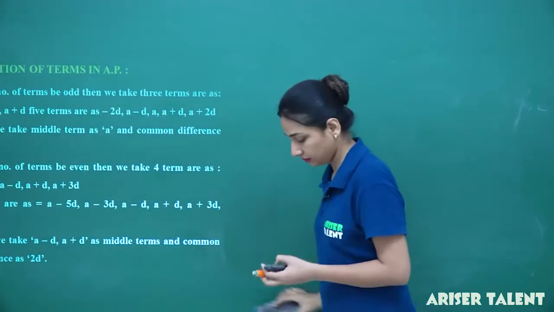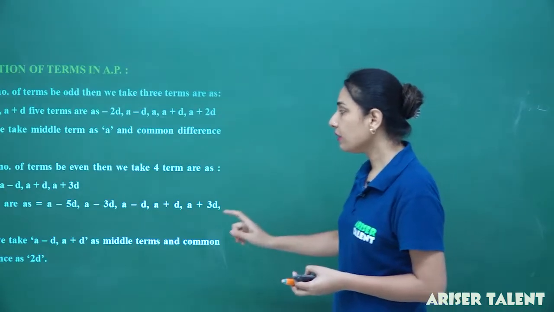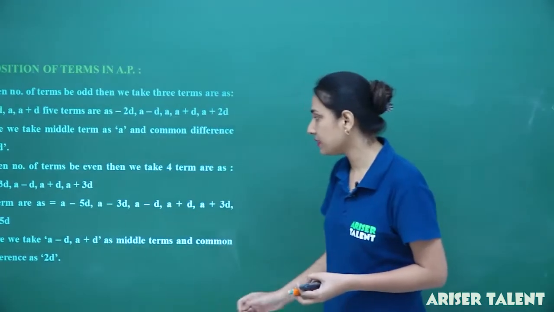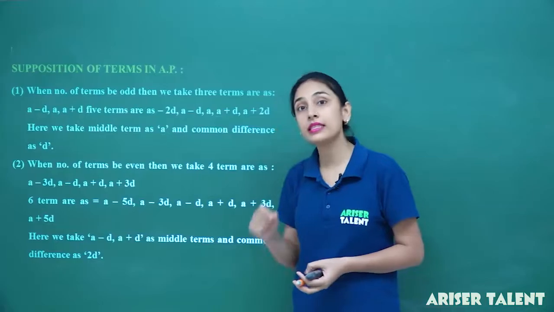Here we take A minus D, A plus D as middle terms and the common difference is 2D.